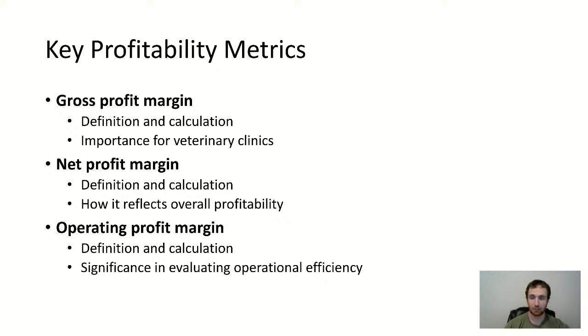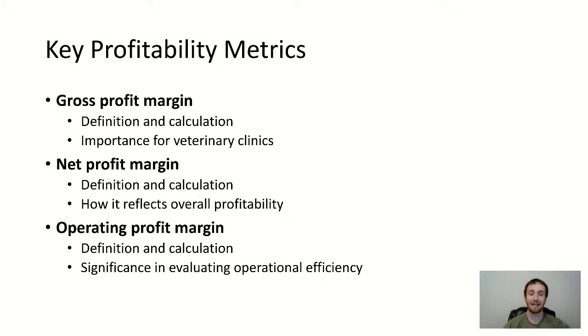The net profit margin shows your overall profitability after all expenses have been deducted. This includes your operating expenses, taxes, and interest. It's calculated by dividing net profit by total revenue. Again, $1,000 less 900 is going to be $100 of net profit.